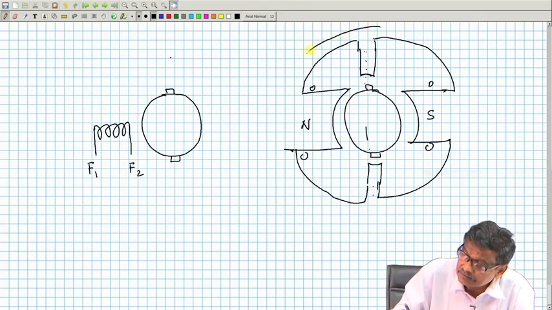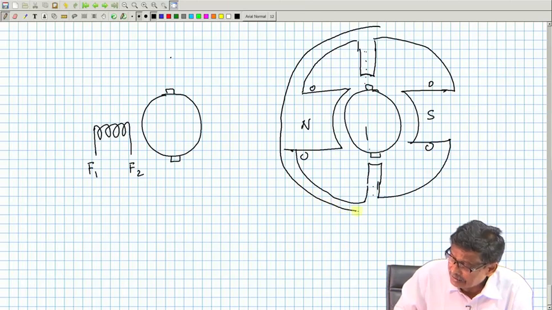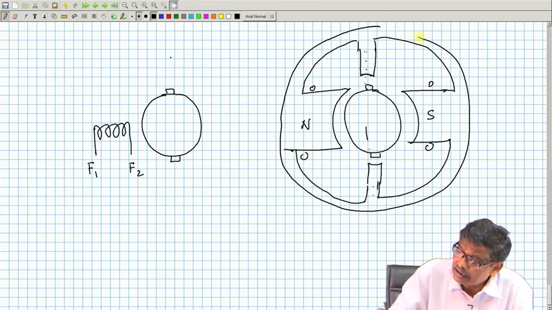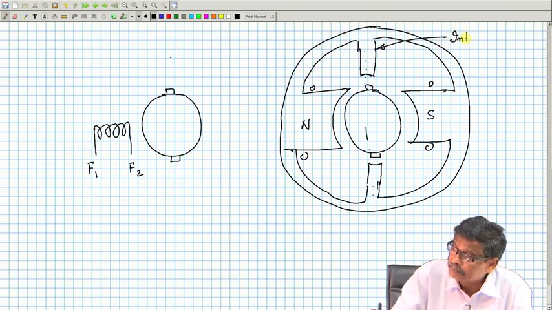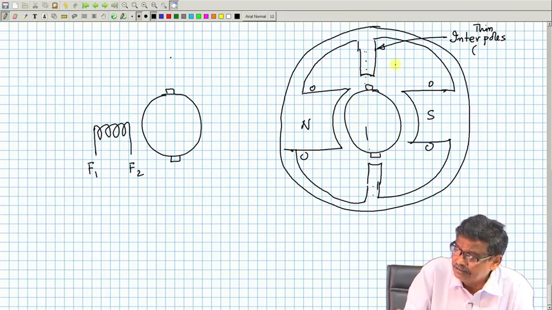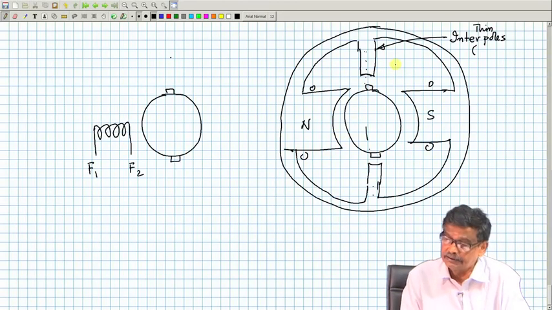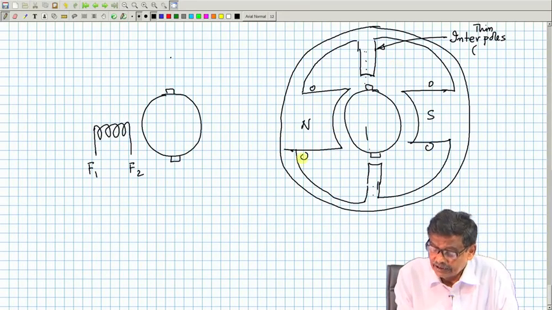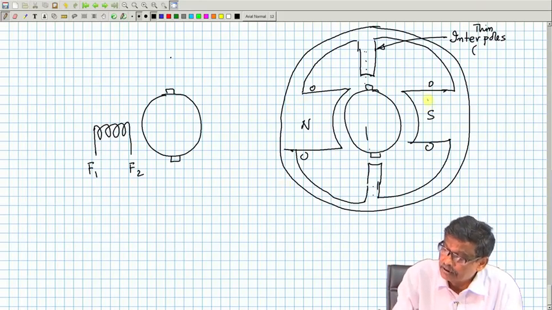This is the yoke. And these are called interpoles. Thin interpoles, not this large, only small. And these are field coils.